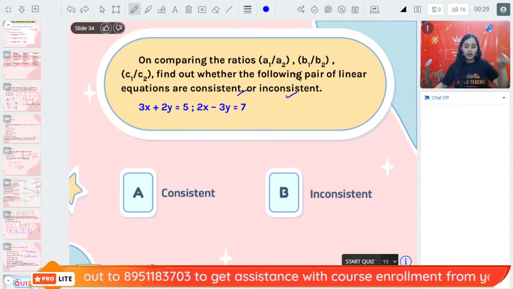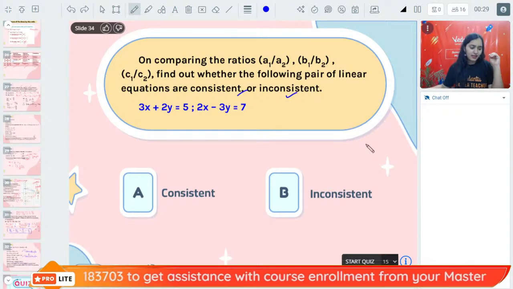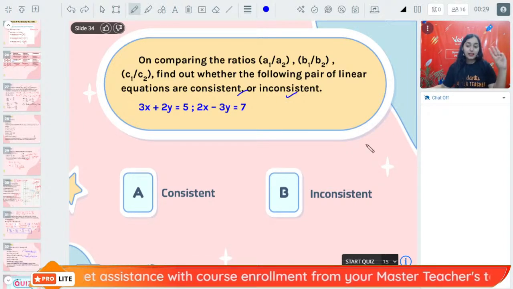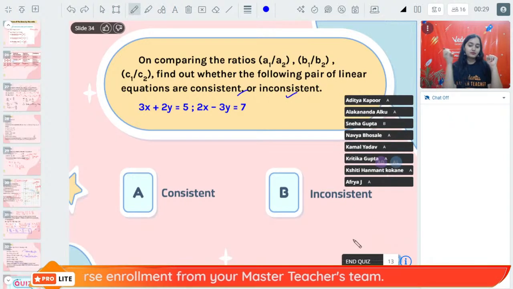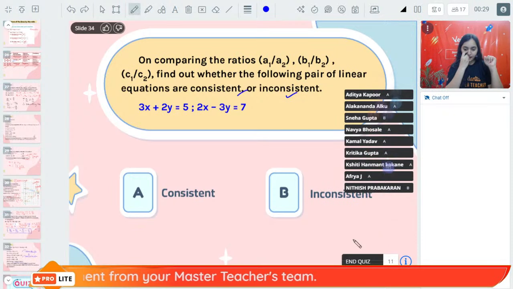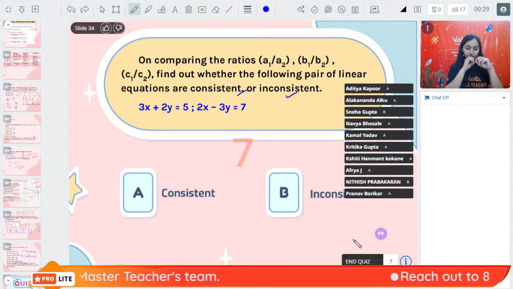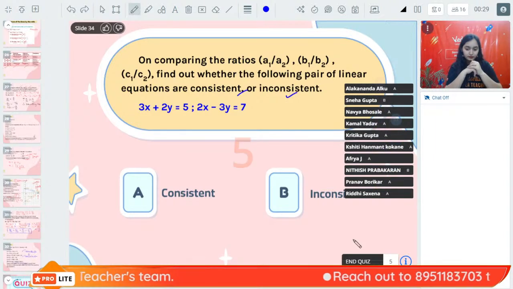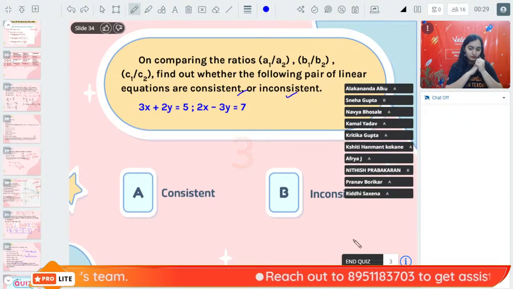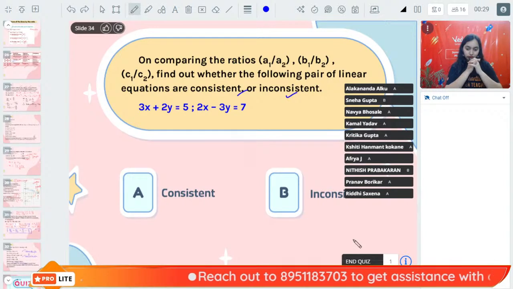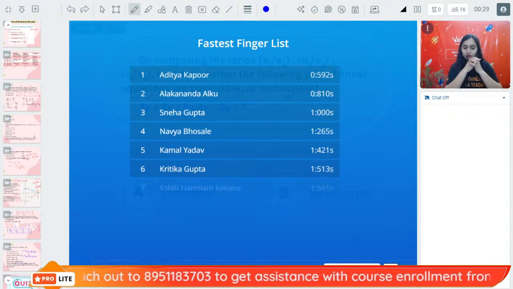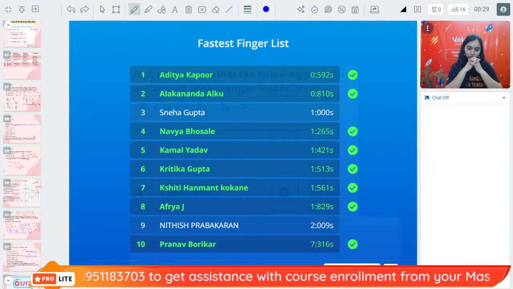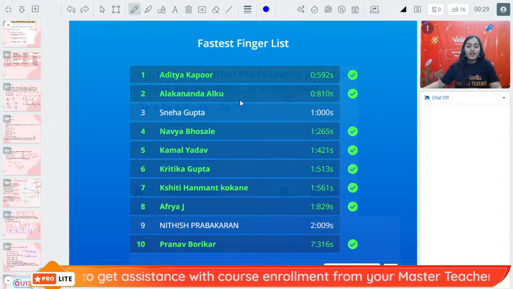Ready? Three. Should I start, everybody? Okay. Three, two, one, go. Mark your answers. Very good.